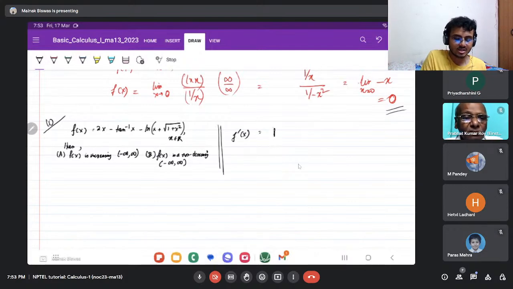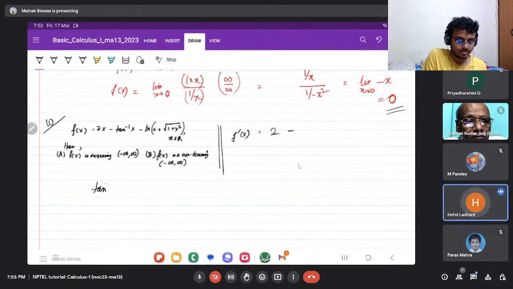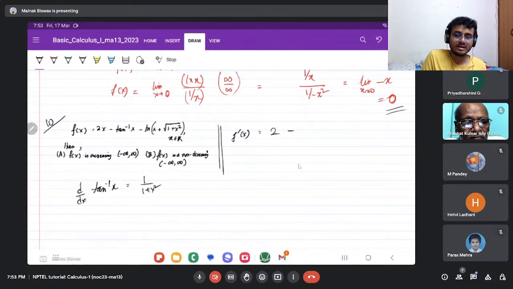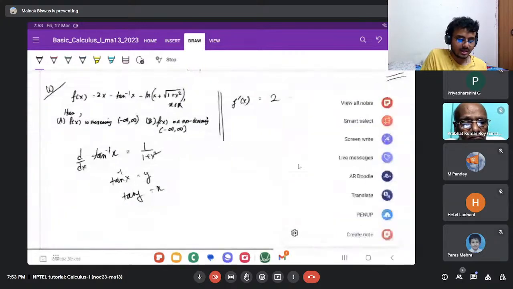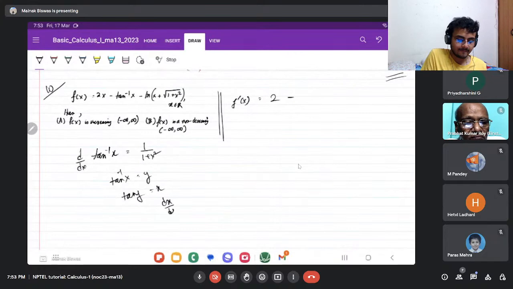So f dash x is 2. What is the derivative of tan inverse x? 1 upon 1 plus x square. I had derived this in the first class. So what had we done? Tan inverse x we took as y, and we wrote tan y is equal to x, and then took dx dy as sec square y.